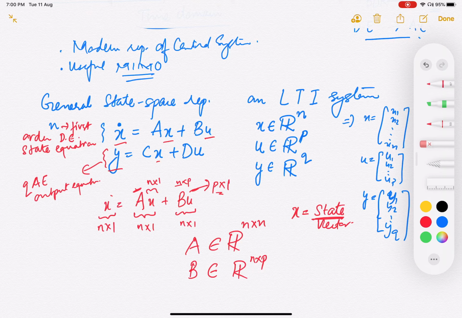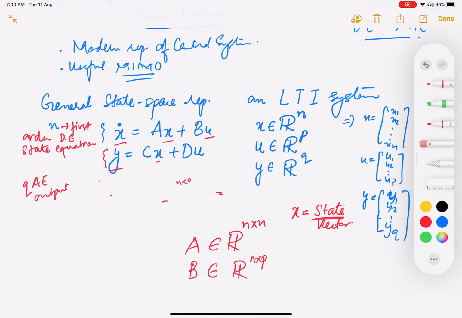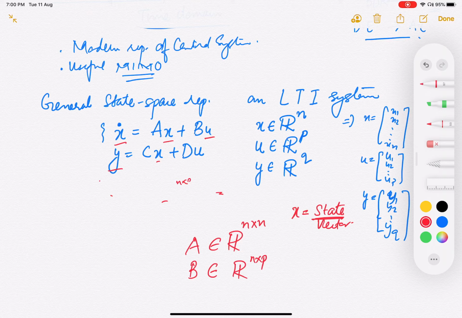So the second equation, y is equal to Cx plus Du, the output equation. This is of size q cross 1, and x is of size n cross 1.